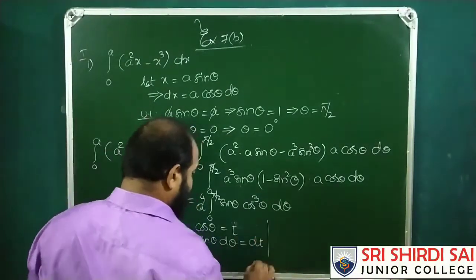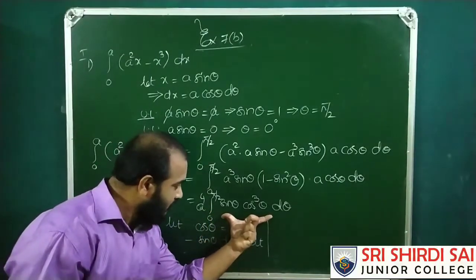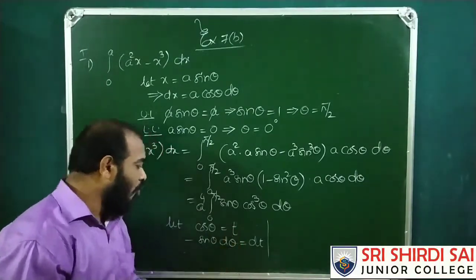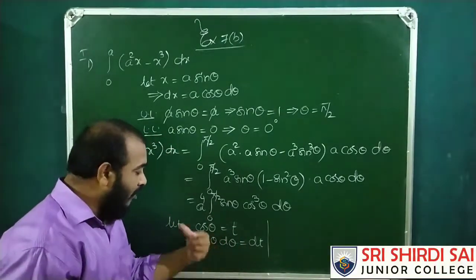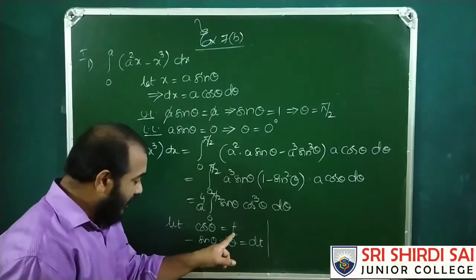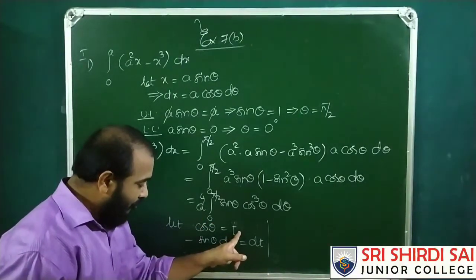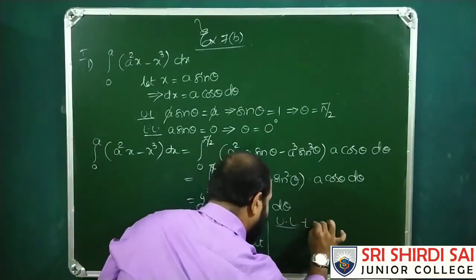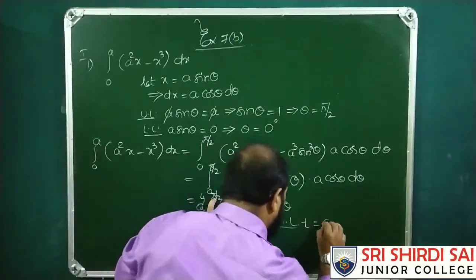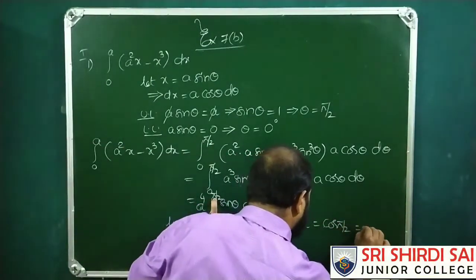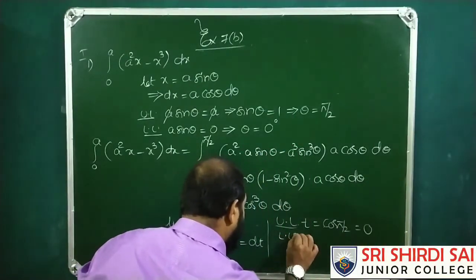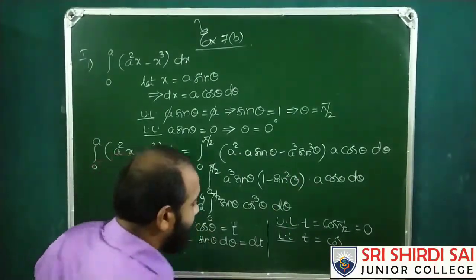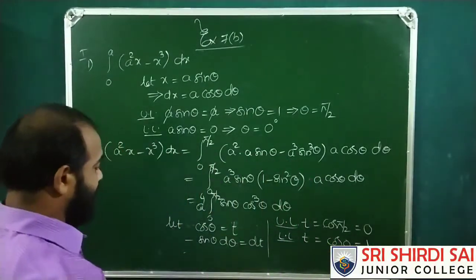Now, because this is a function in terms of theta, and we are trying to change this theta in terms of t, we need to freshly evaluate the limits for the fresh variable of integration t. So upper limit: t is equal to cos pi by 2, cos 90 is 0, and lower limit: t is equal to cos theta, theta is 0, cos 0 value is 1.